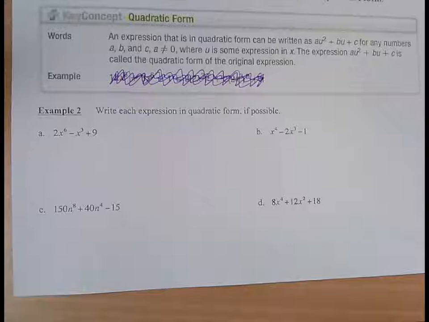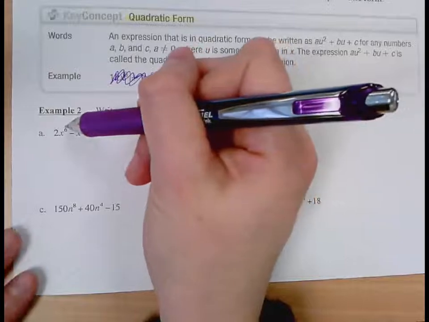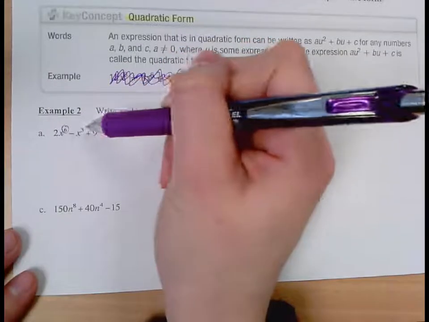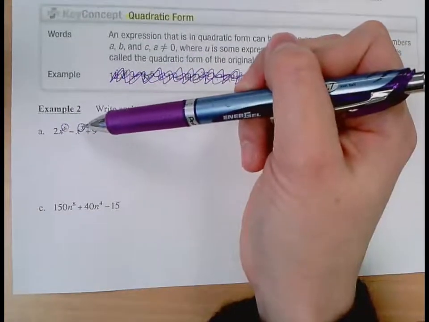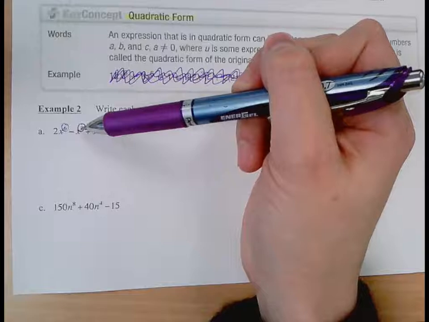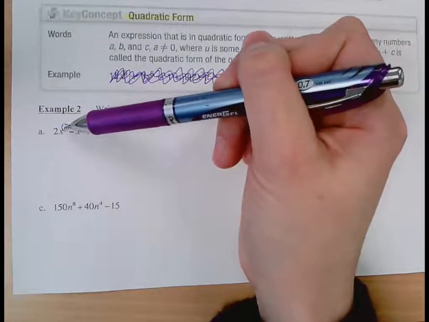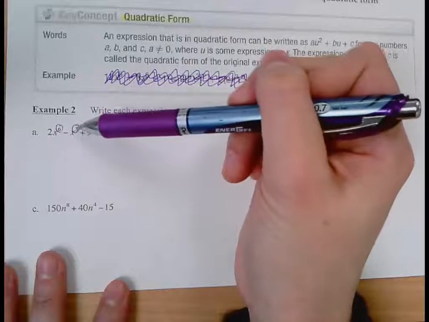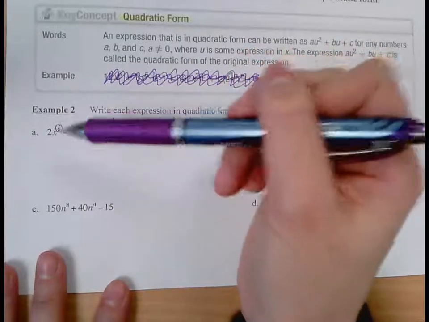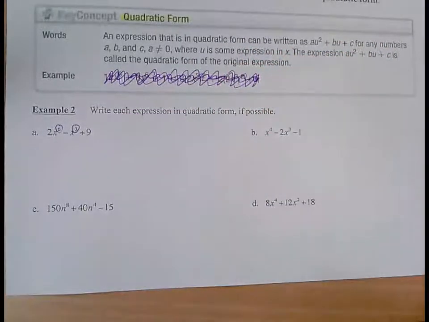If you look at example A, to even know if you're able to do it, you have to look at the exponents on your x's, or on whatever your variable is. The second term's exponent has to be exactly half of the other exponent. Because my two exponents are 6 and 3, and 3 is half of 6, I know that this one's going to work. I can actually write it in quadratic form.